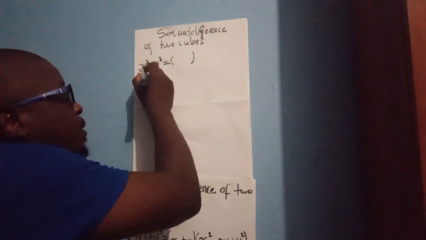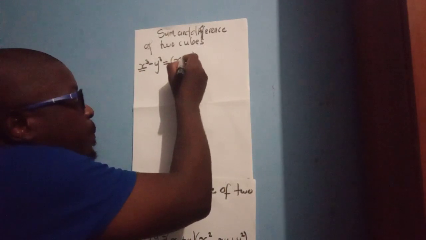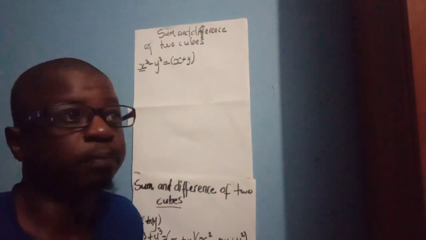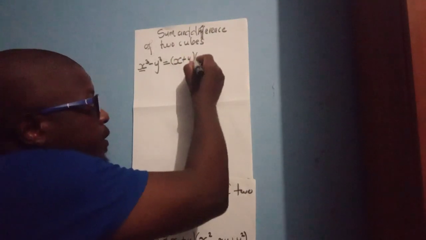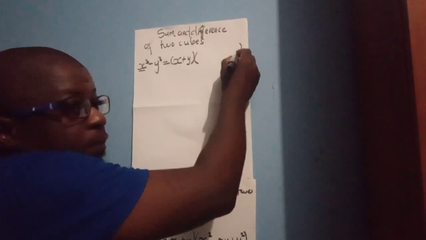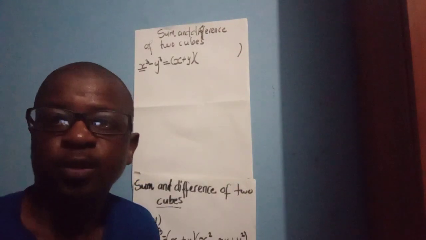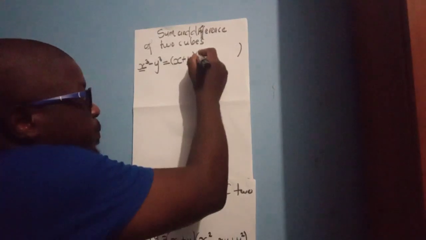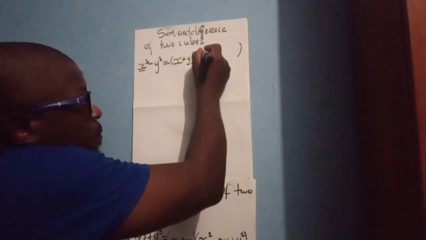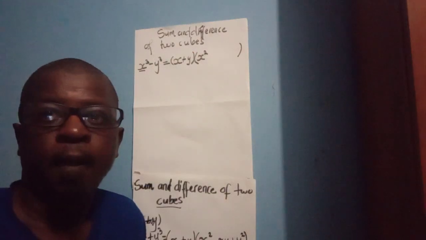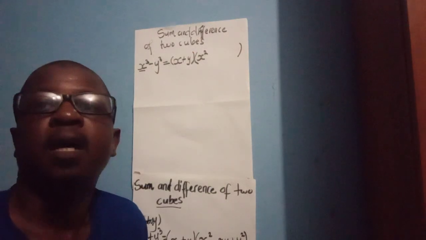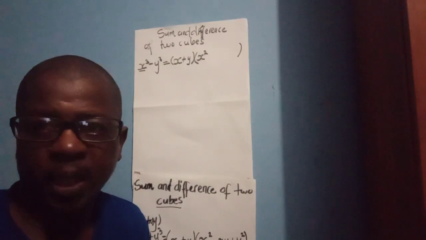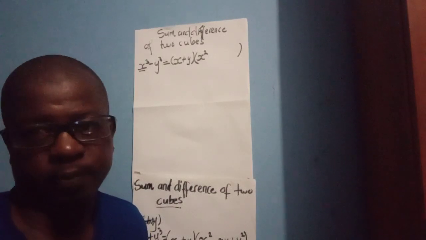So this is the first term, which is x, plus the last term, and then in the second bracket I'm going to have the first term squared plus first term times last term plus last term squared.